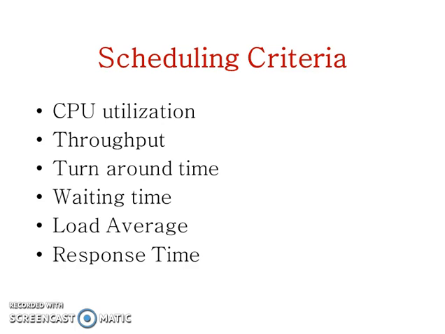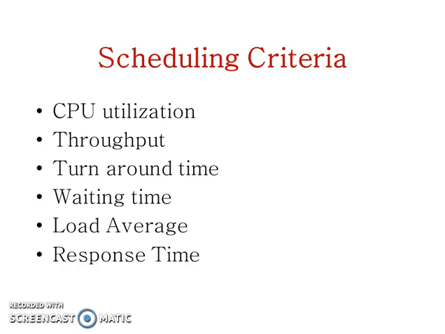Load average is the average number of processes residing in the ready queue waiting for their turn to get into the CPU. And then we have the last criterion, the response time. Response time is the amount of time it takes from when a request was submitted until the first response is produced. Now students, please remember it is the time till the first response and not the completion of process execution.